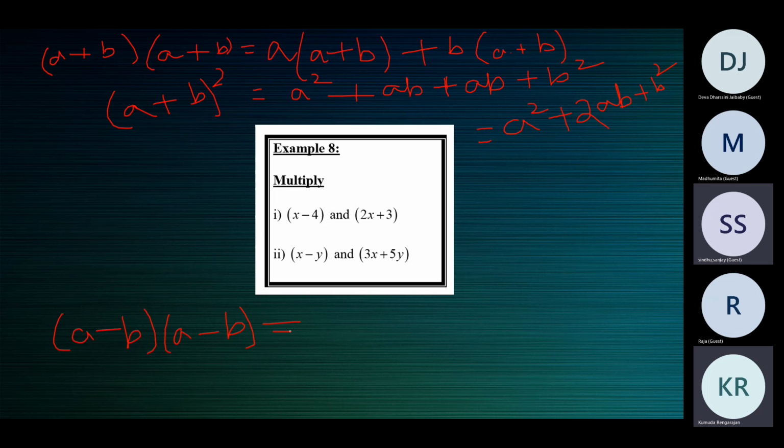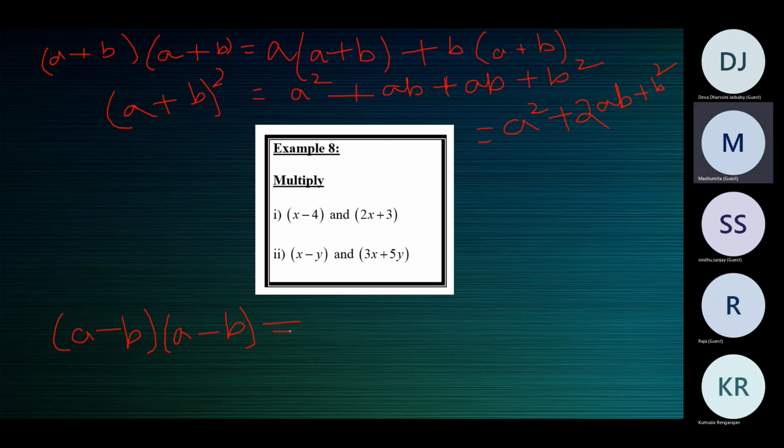Ma'am, minus ab minus ba is plus 2ab, ma'am. How? What is minus 1 minus 1? Minus 2, ma'am. Ma'am, a square minus 2ab minus b square, ma'am.